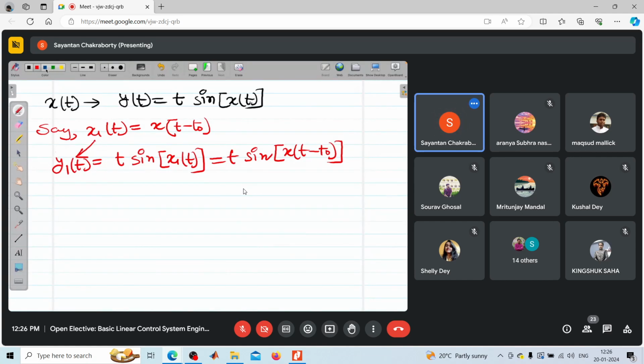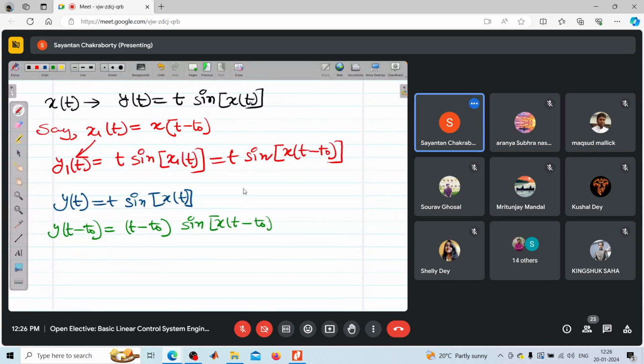Now from y(t), if we apply time shift over here, t minus t0, replace t. So clearly in this case you can see that y1(t) is not equal to y of t minus t0.